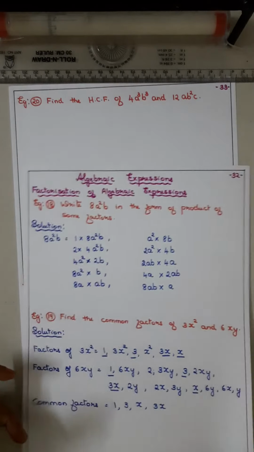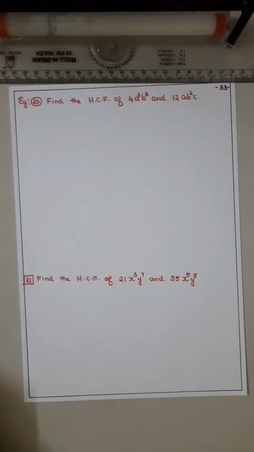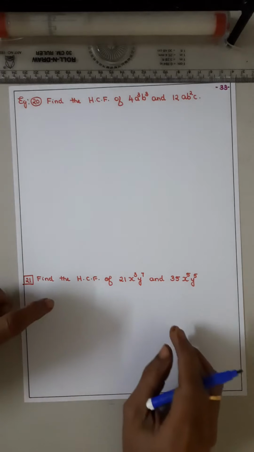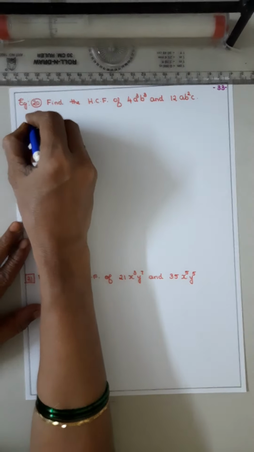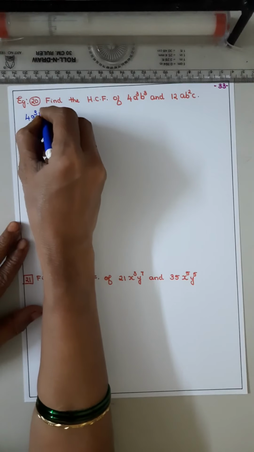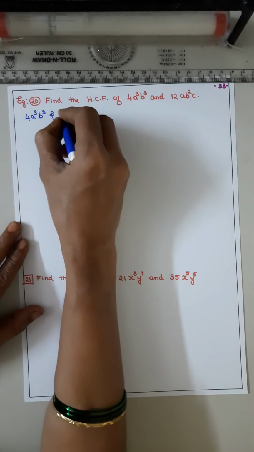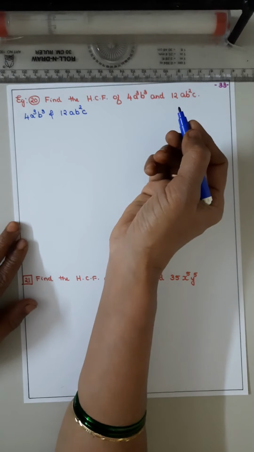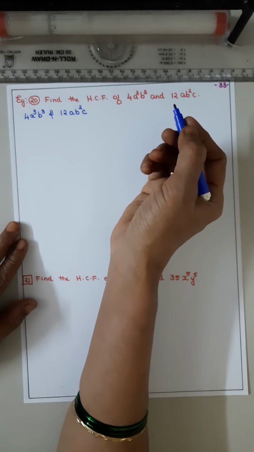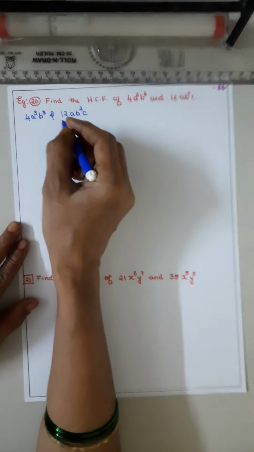Now coming to the question, example 20, find the HCF. In numbers also you know how to find out the HCF, isn't it? So HCF of 4a cube b cube and 12ab squared c. So find out for the number first.